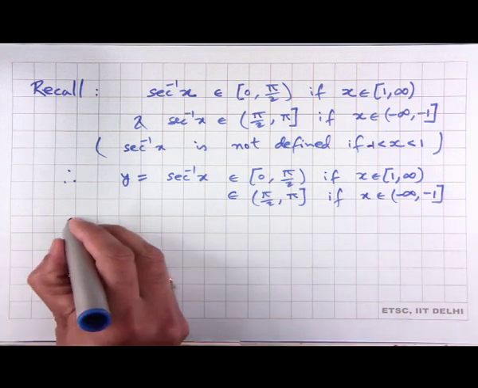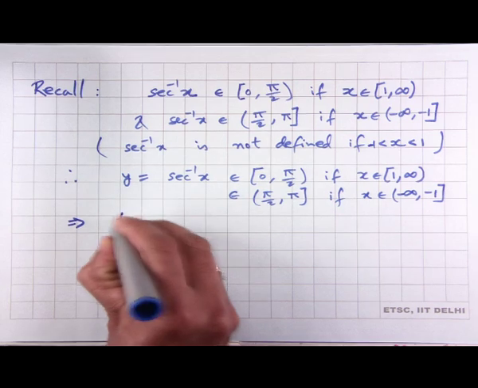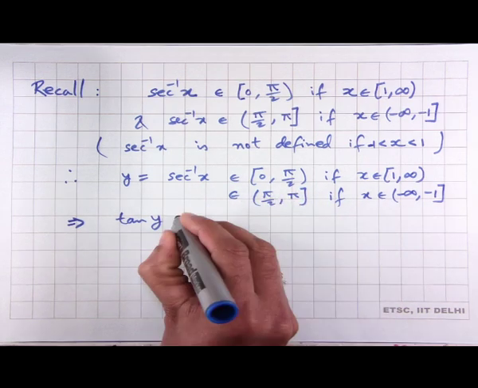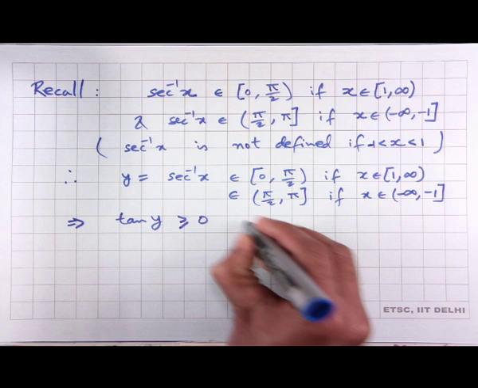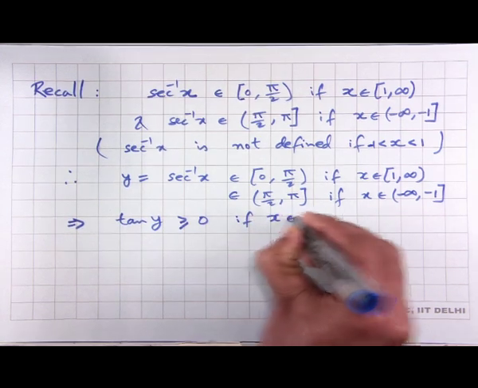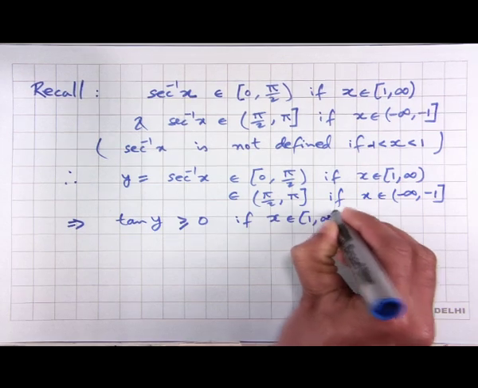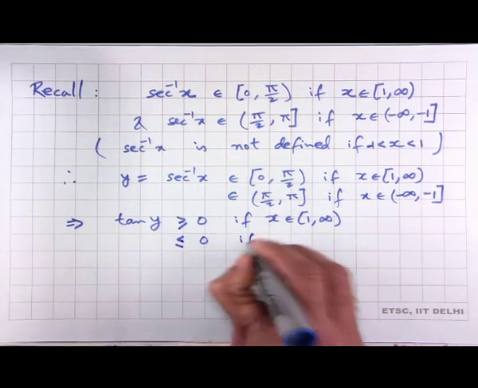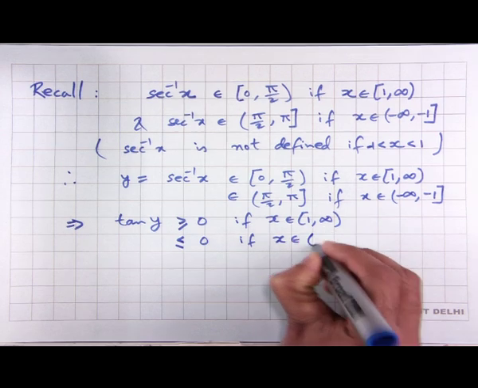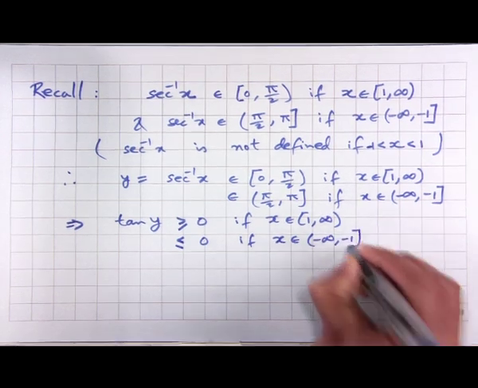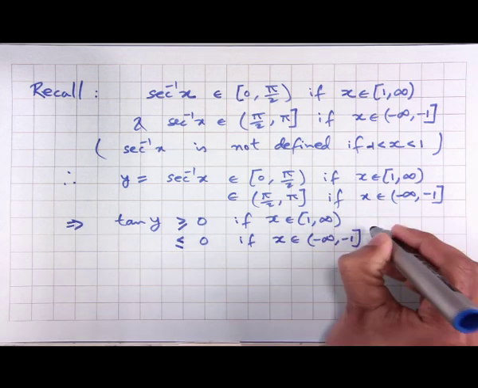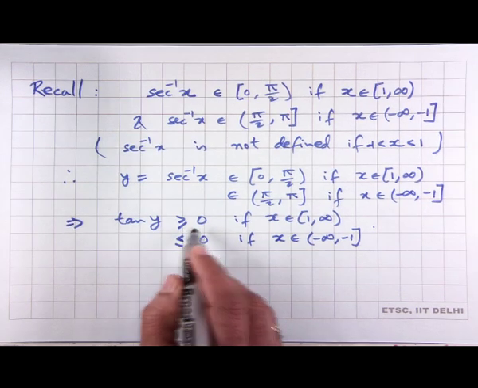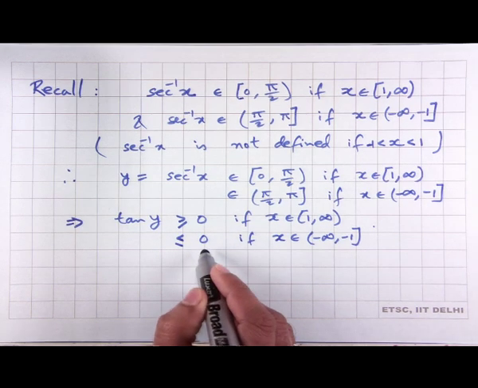This implies tan of y is greater than or equal to 0 if x belongs to 1 to infinity, and less than or equal to 0 if x is in minus infinity to minus 1. This is because the tan function is positive in the first quadrant and negative in the second quadrant.